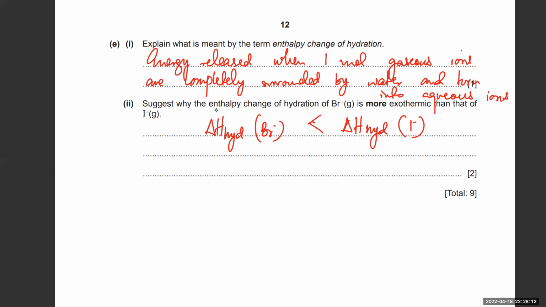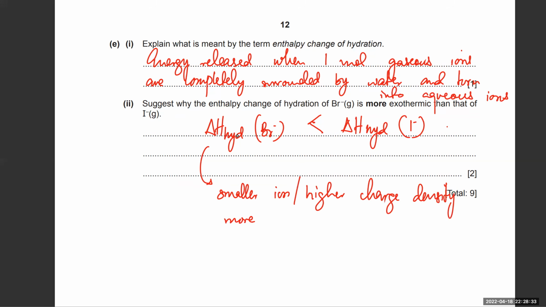Because Br⁻ is a smaller ion and it's got higher charge density. So it's going to make stronger bonds with water, so there's more attraction. Whenever you make stronger bonds, there's more attraction between Br⁻ ions and water molecules.